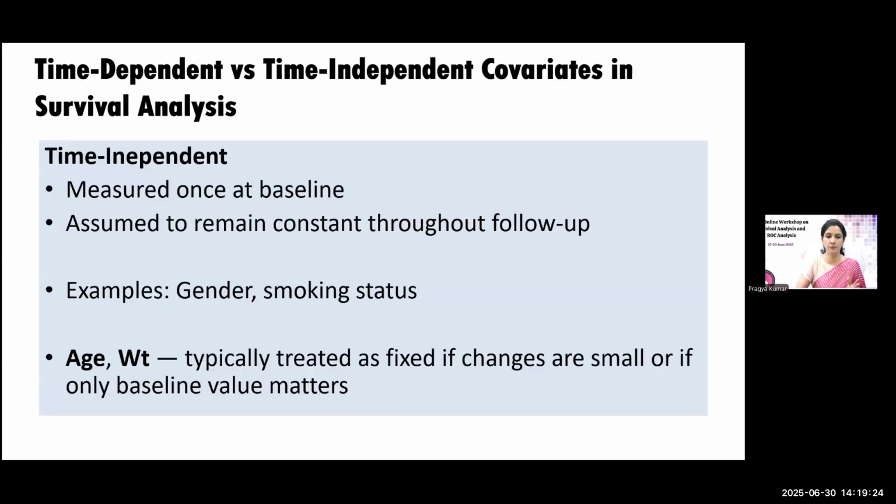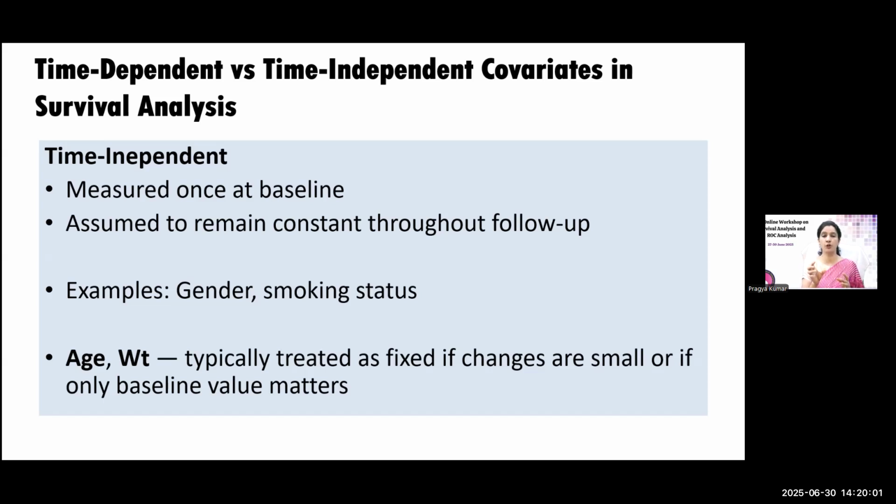So coming to time independent and time dependent variables. Time independent variables are measured once at baseline and are assumed to remain constant throughout the follow-up period. Examples are gender and, like I said, smoking status. Age and weight might have some changes, but typically we consider these as fixed or time independent in a Cox proportional model, because we are taking these variables at baseline.